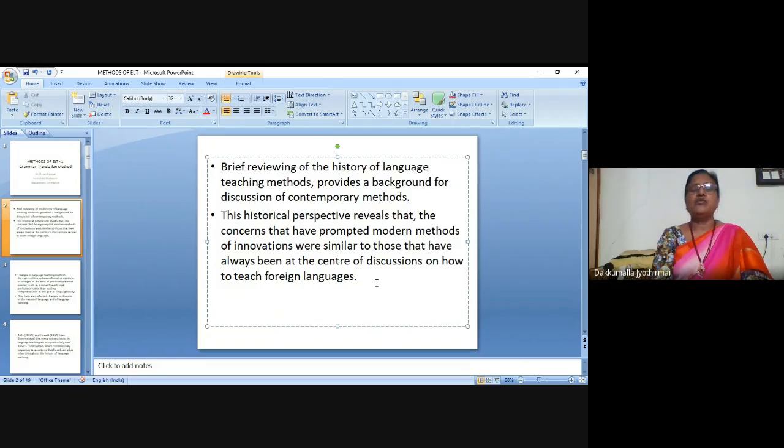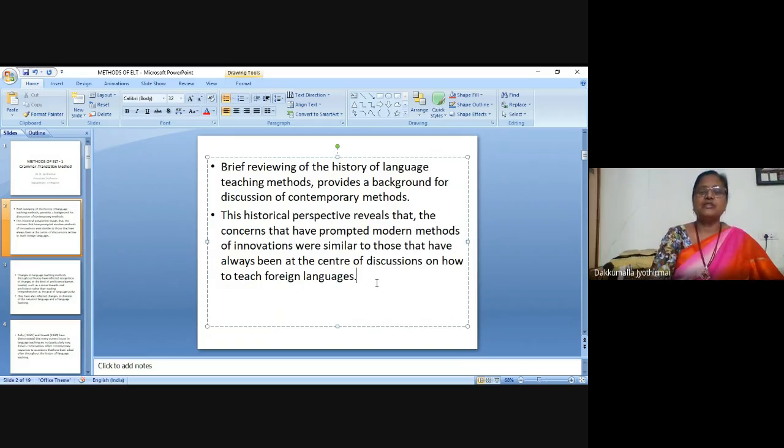If we go into reviewing the history of language teaching methods, it provides a background for discussion of contemporary methods. If we look into the history, we will find the roots of the development of these contemporary methods in the historical roots of language teaching itself.